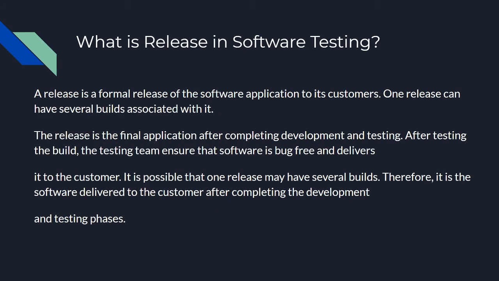What is a release in software testing? How do we describe the word release in software testing? A release is a formal release of a software application to its customer. For a general example, if a particular movie is releasing on a particular day for the public, like that, a software release is a formal release of the software application to its customer, so that end users can use it.